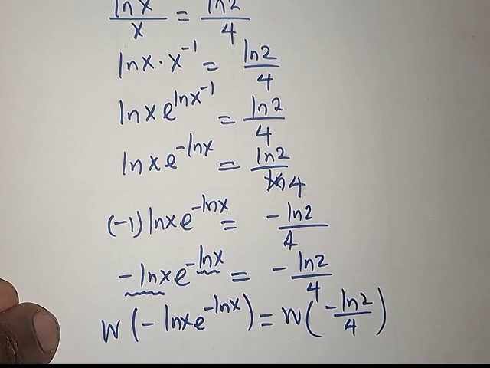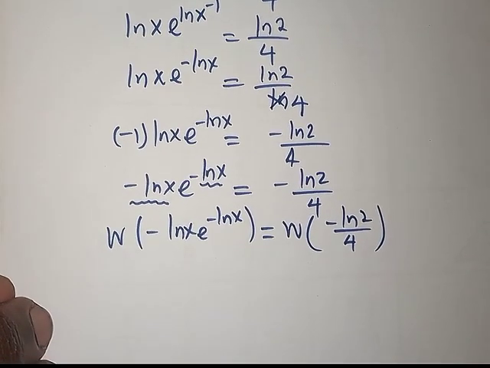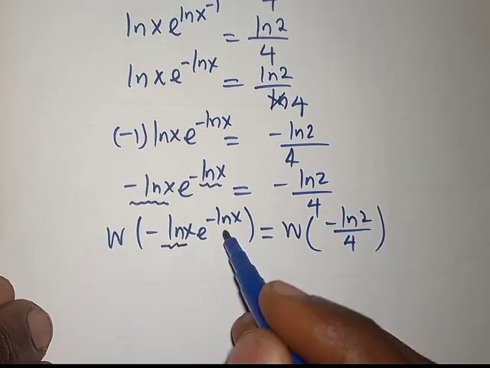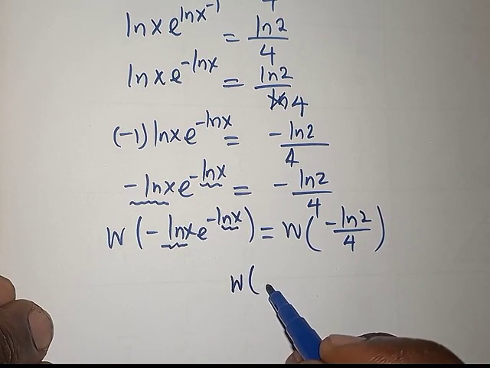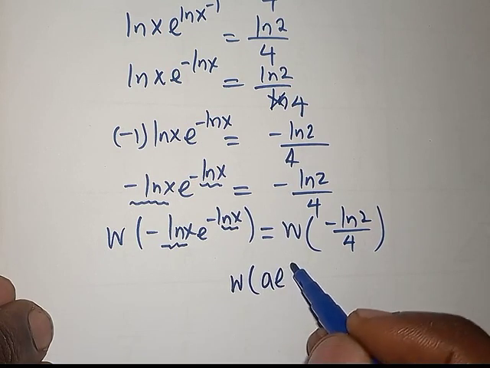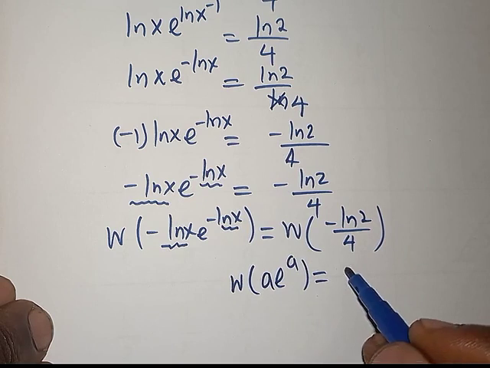Right, so from there, the next thing you're going to do is, you can see we have the same thing here. Recall that when you have W of a e to the a, this will give us what? a.